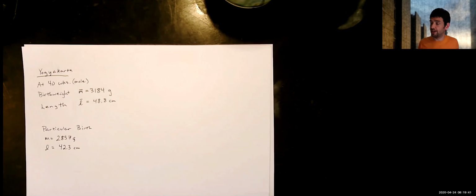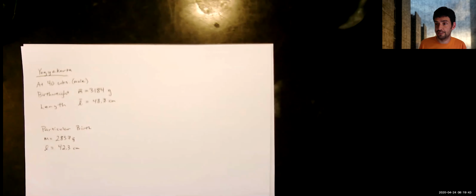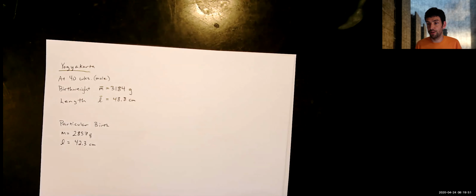So a question you might ask yourself, if this is your child, is: is this a big deal? It's hard to know. If you're not somebody who has a lot of experience with birth weights, you might not know if 300 grams is a large difference, or is that typical? Same thing with lengths. Is 6 centimeters a large difference, or is that typical?